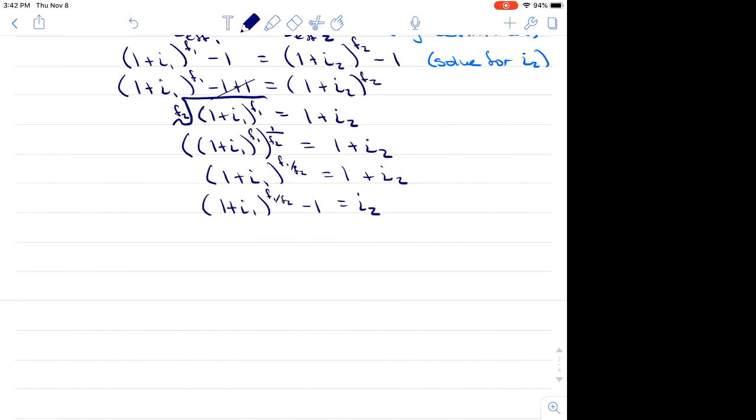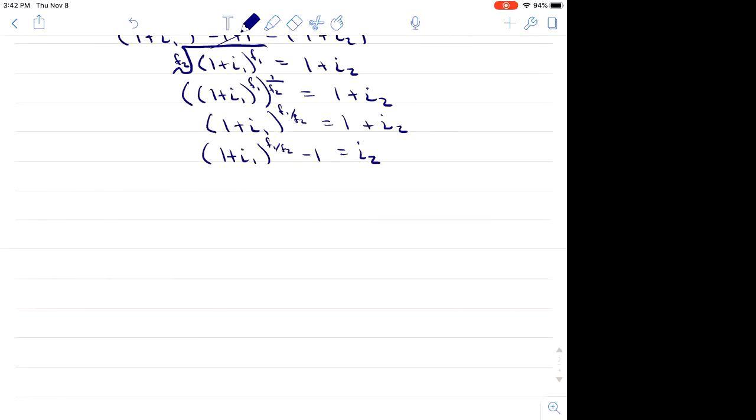Second one on the left-hand side. So I'll just write that down. So I2 is 1 plus I1 to the power of F1 over F2, minus 1. That's on your formula sheet.